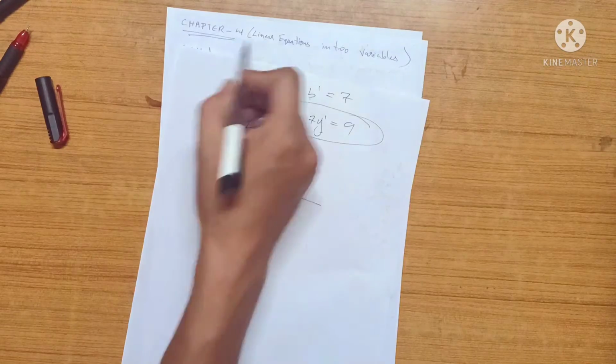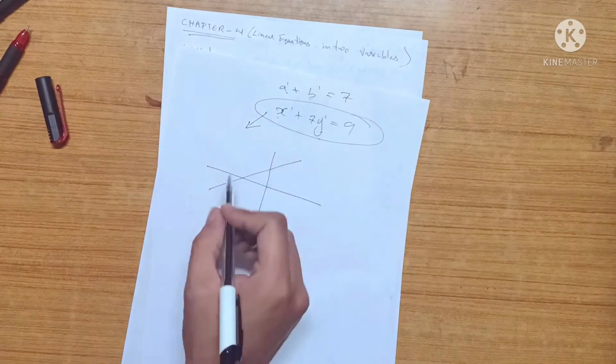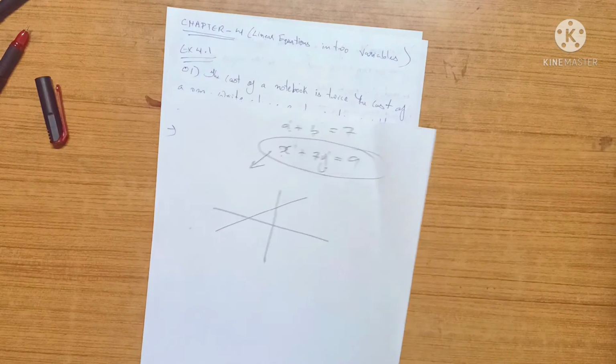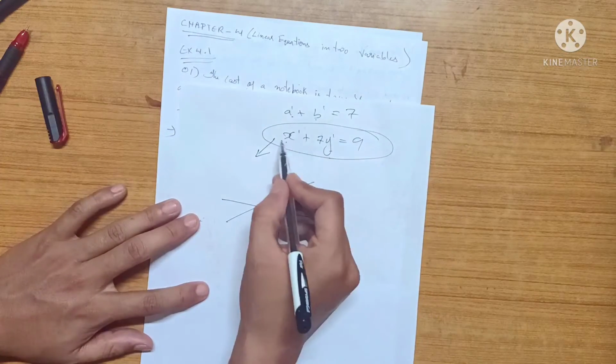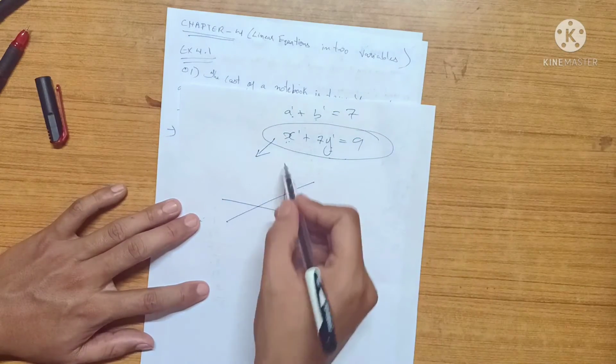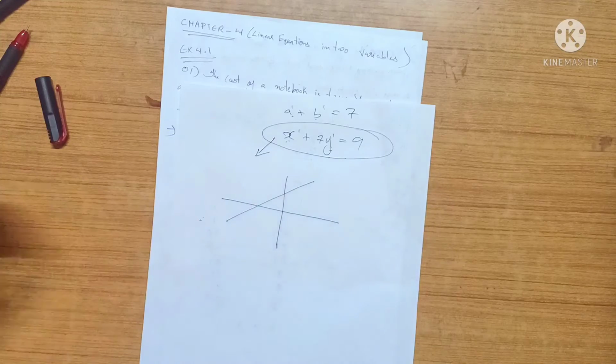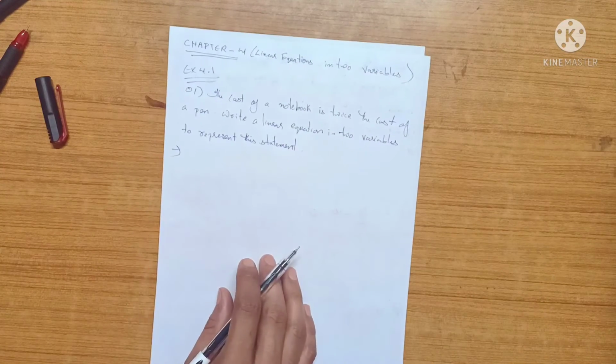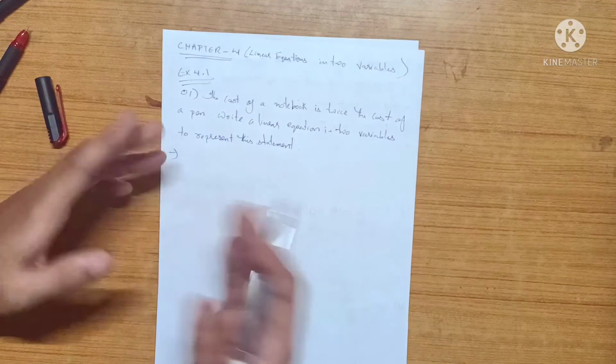Got it? An equation which represents a line in the xy axis. So anything which has an x, y, and a constant will always represent a line in a graph. You have to remember that. So anyway, let's get started with exercise 4.1. As we go on, I'll explain more.